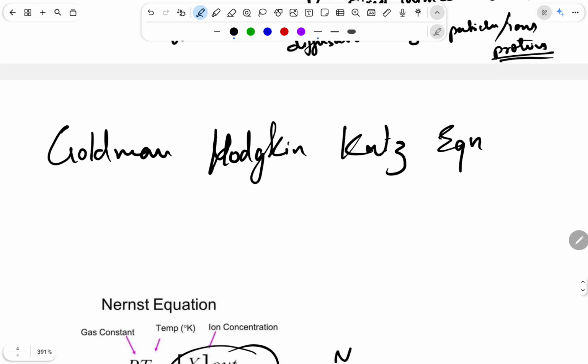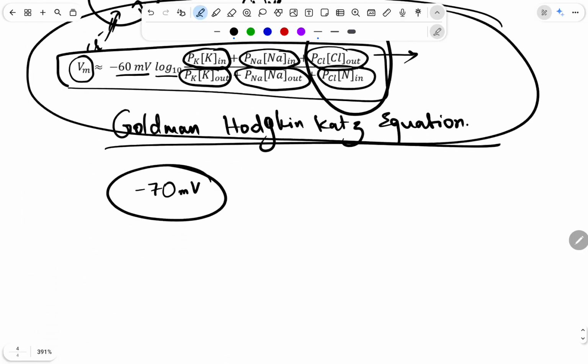So it is influencing, very, very simply, it is influencing the diffusible ions.